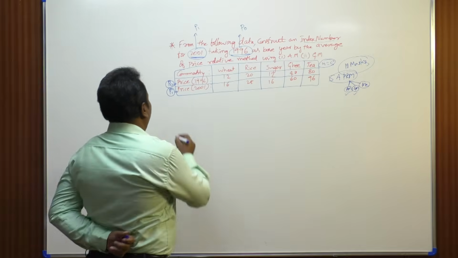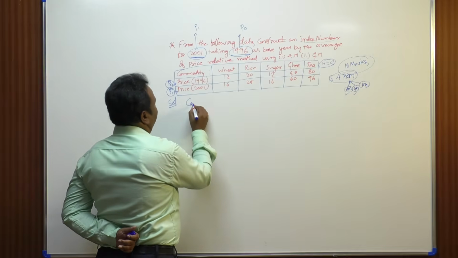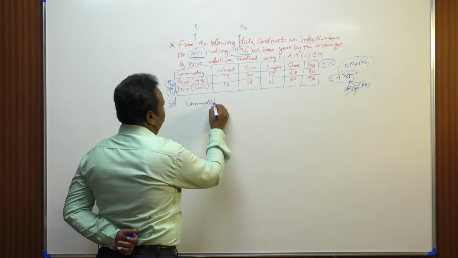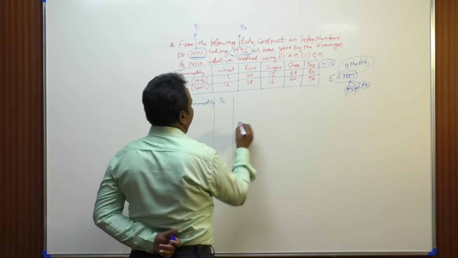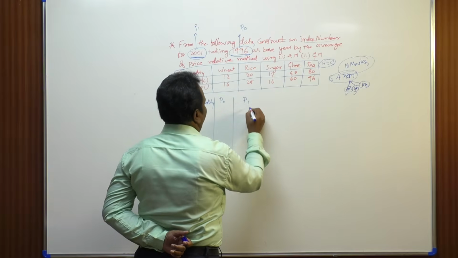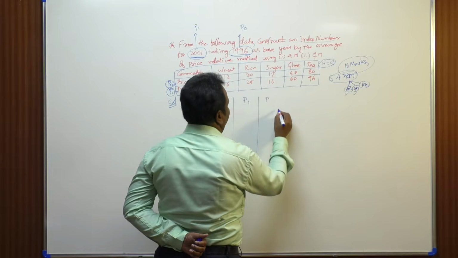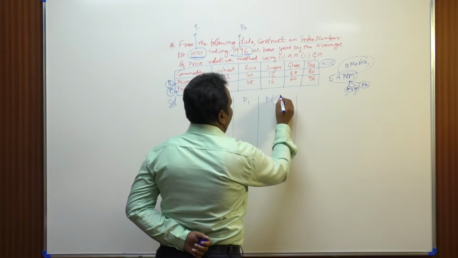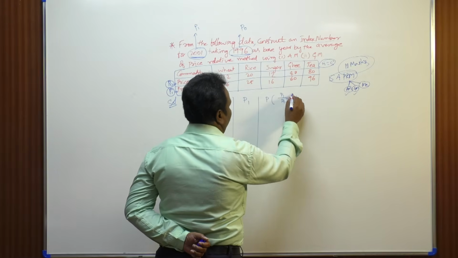Here in the solution, take the commodity column, then P0, that is the base year, then P1, that is the current year, and then P has to be calculated. P is nothing but P1 divided by P0 into 100.